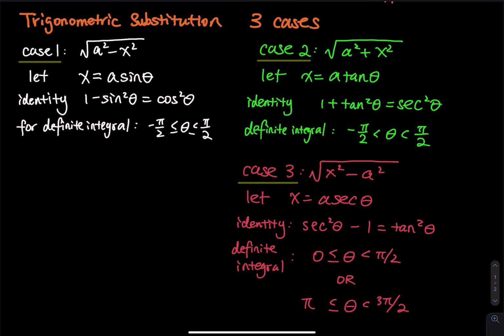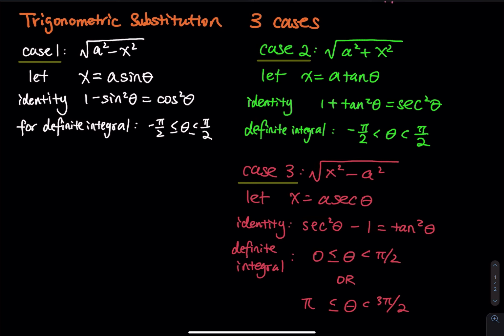Now, after the substitution is done, the integrand is in terms of theta, right? And then you have to do some rewriting. For example, in case 3, secant squared theta minus 1 equals tangent squared theta. After the rewrite, you might be able to do some cancellation, and then you can integrate.